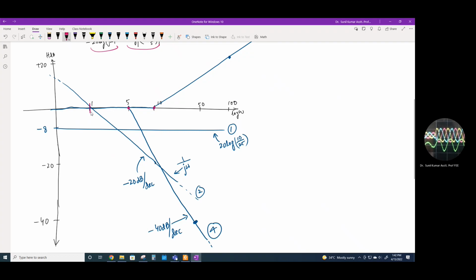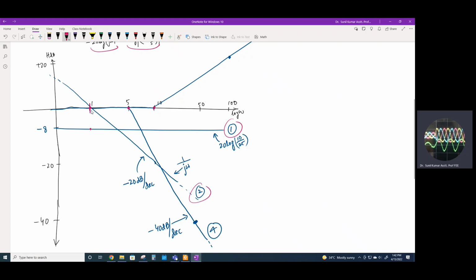So let's combine line number 1 and line number 2 for omega less than 5. So what we have to do is analyze this zero crossing point. Here the value of line number 2 is 0 at omega equals 1, whereas for line number 1, the value is about minus 8 dB.